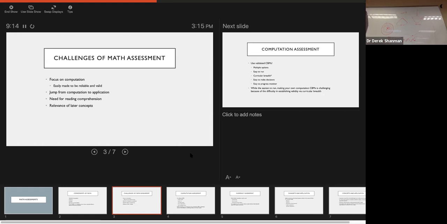All right. And finally, I think this is personal opinion, the relevance of later concepts. When you get to higher order math, and when you get to this period of application, even in geometry to a point, which is not so high level, the types of application problems that you have to ask are very abstract in terms of relevance to everyday life, right?